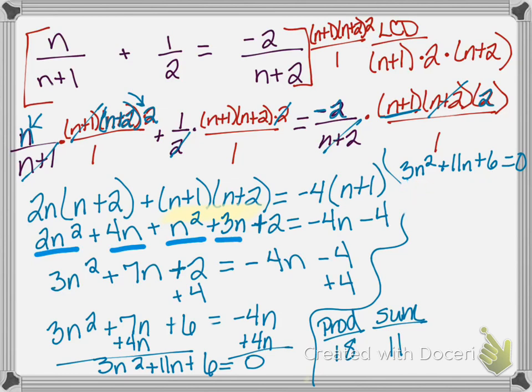That is correct, but because we have an a value in front of that n squared, we have to split the 11. That's what we have to do right here, is split this 11. So it becomes 3n squared plus 9n plus 2n. Okay? 3n comes out of the first set, so I'm left with n plus 3.